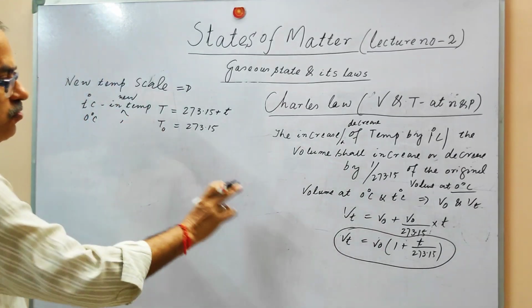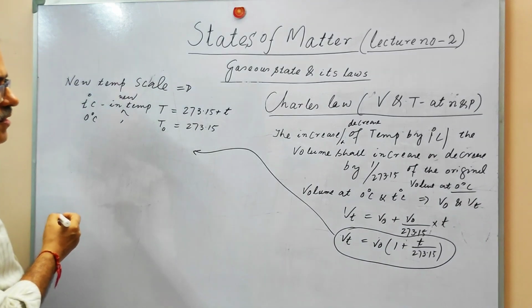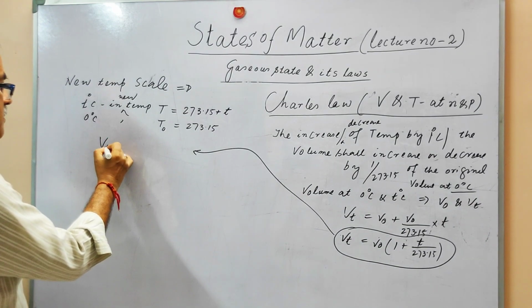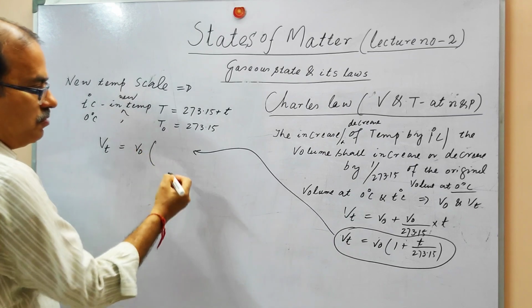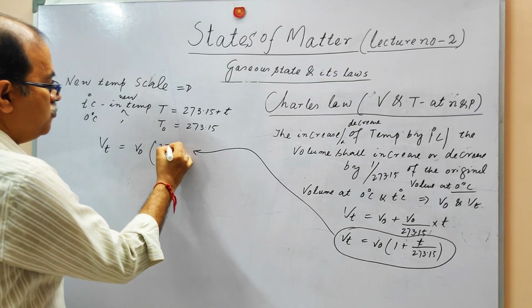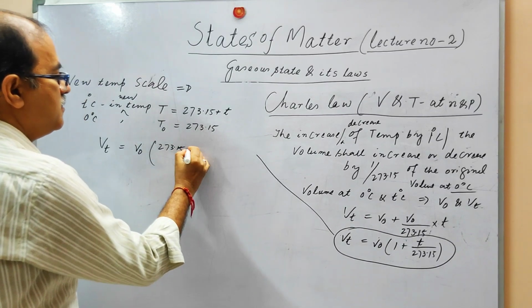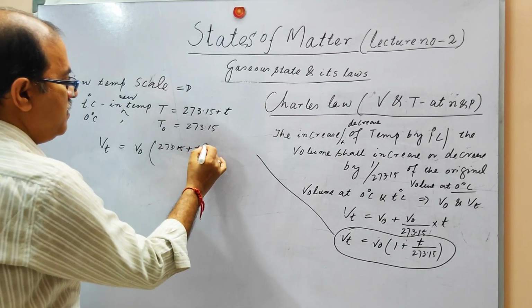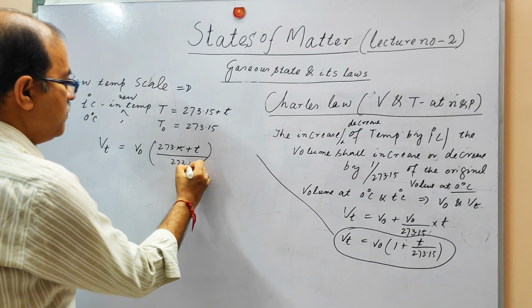Now we put this value in this equation. What we get is Vt is equal to V0 by 273.15 into 273.15 plus t by 273.15.